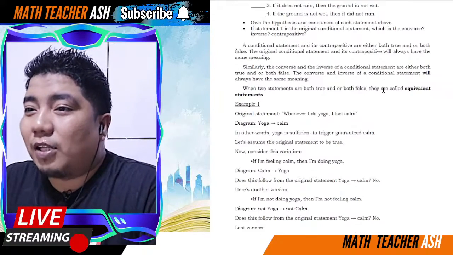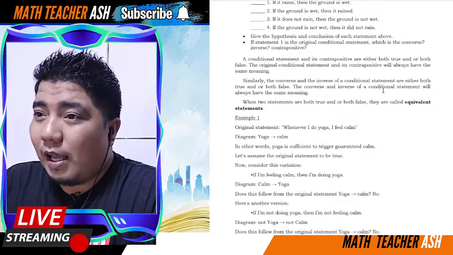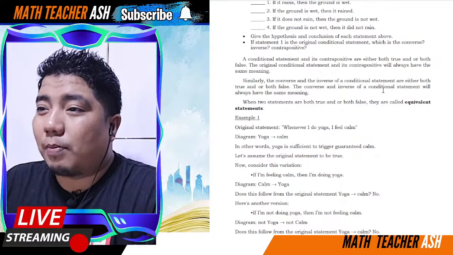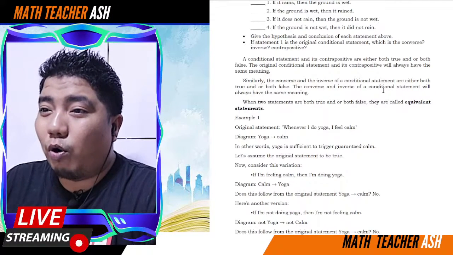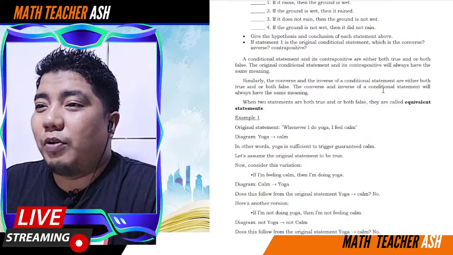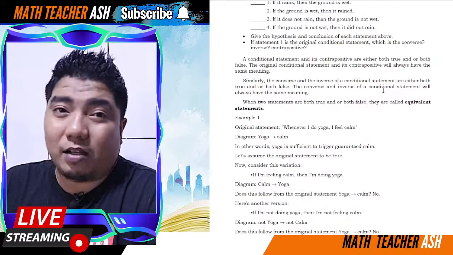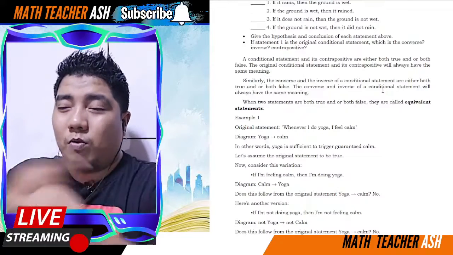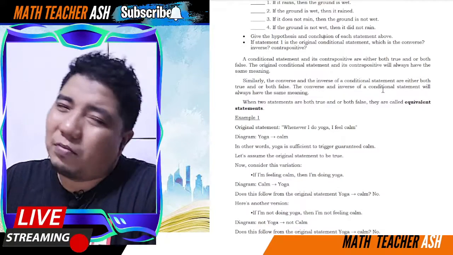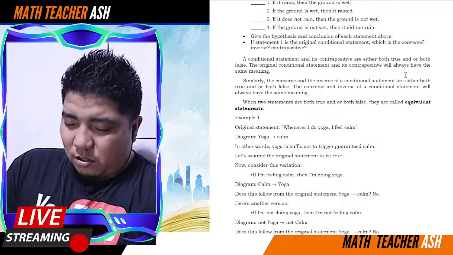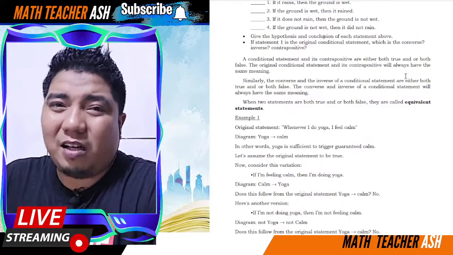Alright! Now, let's go to this one. A conditional statement and its contrapositive are either both true or both false. The original conditional statement and its contrapositive will always have the same meaning. Yeah, that is correct. Kung kabaliktaran yun siya. Pero, in terms of the context, hindi naman practical.